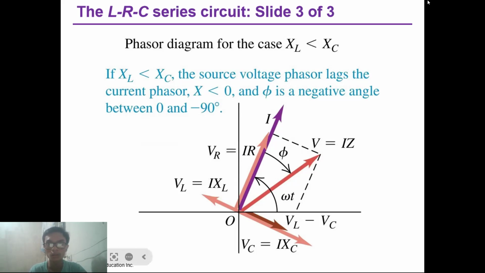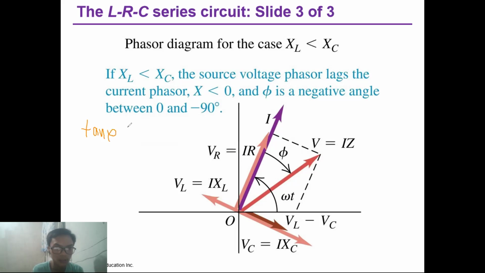let's draw this. This is tan of the phase angle.